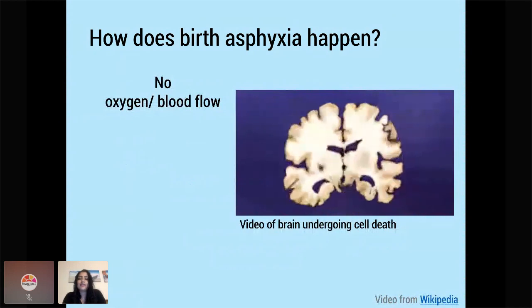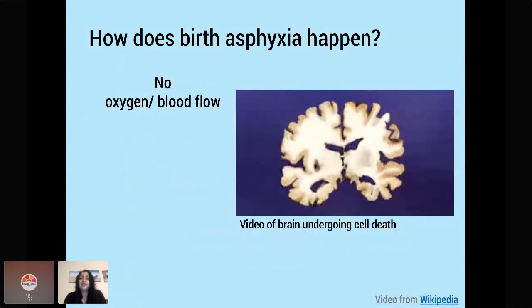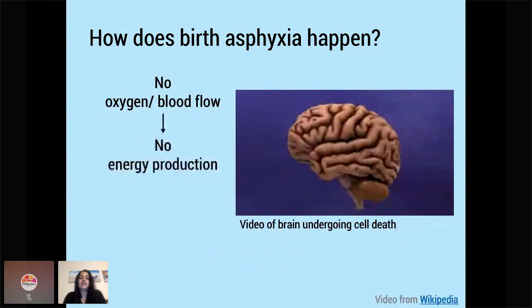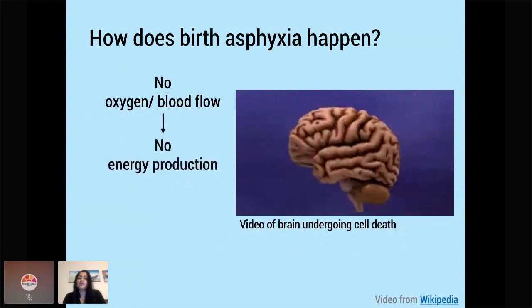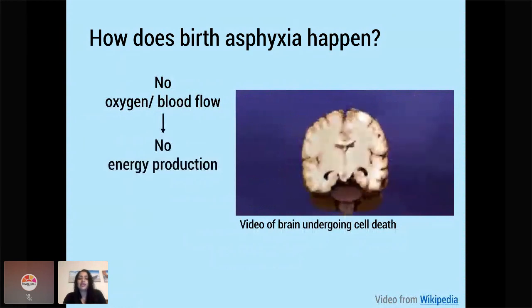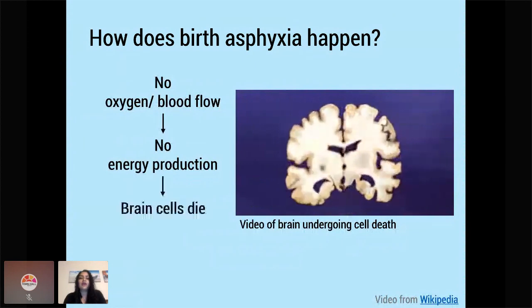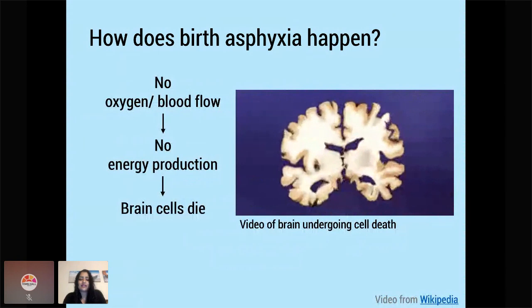This is because the units that make up your brain cells all need oxygen in order to survive. This oxygen goes towards producing energy, and without energy, cells won't be able to grow and divide, and instead they'll die.